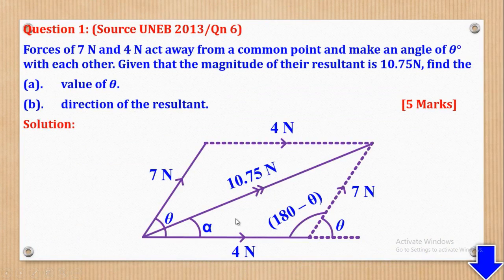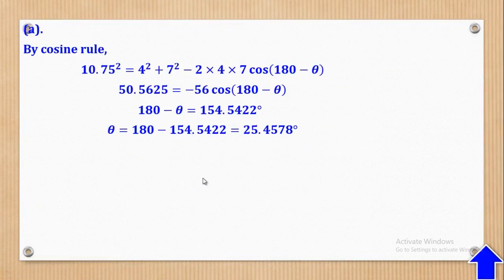So for the direction, we shall use the sine rule. I think you realize that this alpha will correspond to 7, and this 180 minus theta will correspond to the resultant, which is 10.75. So we shall use that to generate our rule.